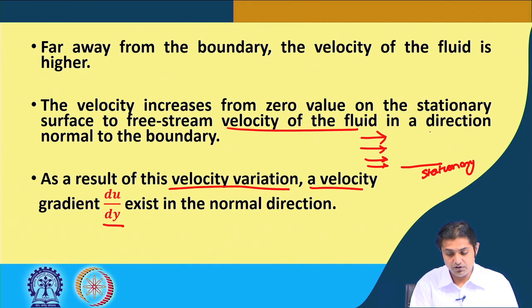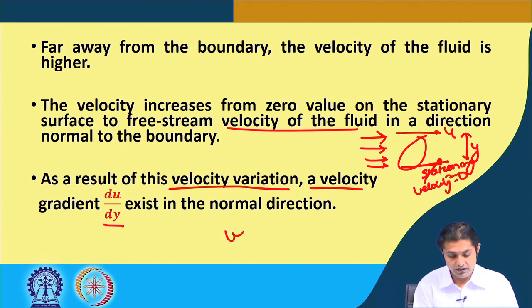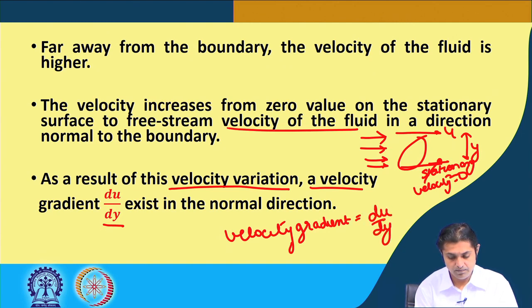Suppose here is the velocity u, and this distance is y, and of course because this is stationary, at this point the velocity is going to be 0. So the velocity gradient is going to be du by dy.